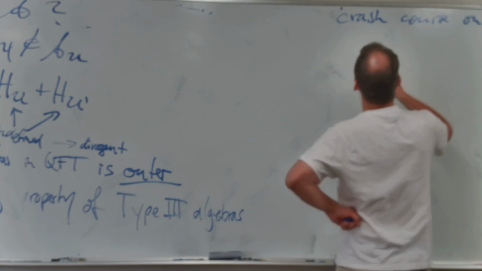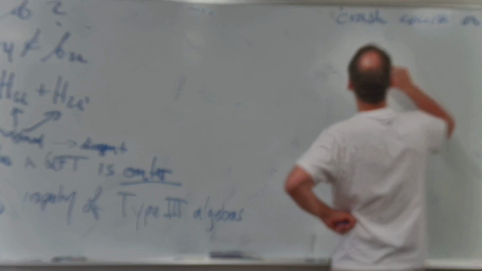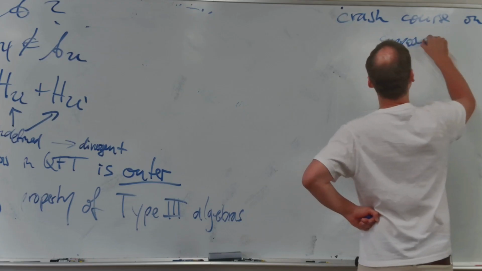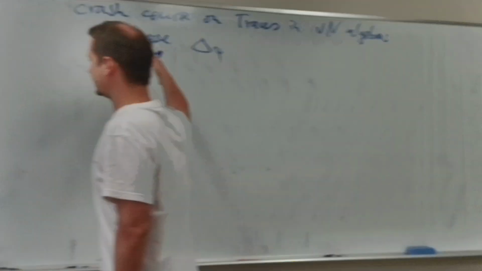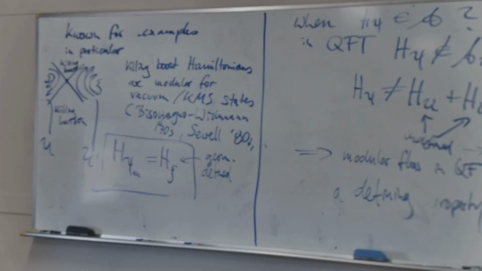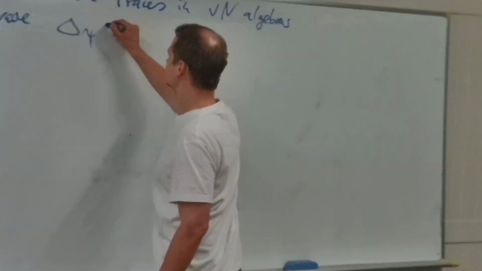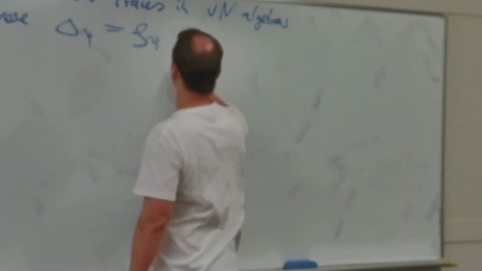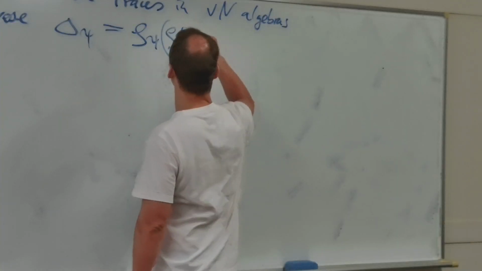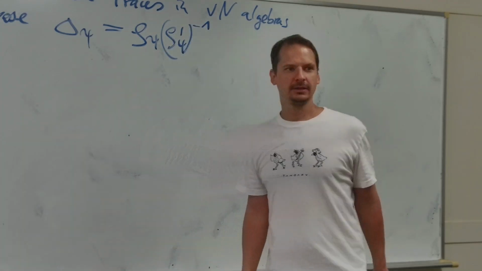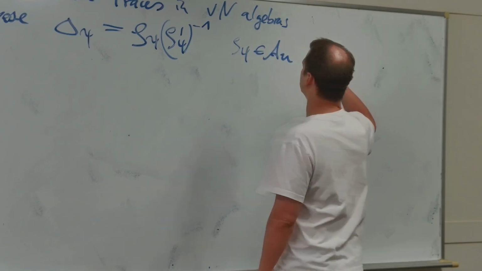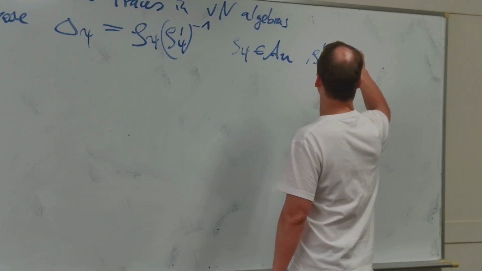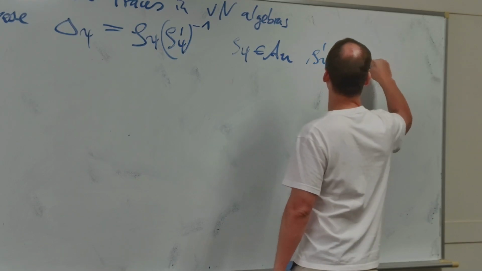Suppose you can write this modular operator, basically the exponential of this guy here, as something of the following kind, where rho psi is now in A and rho psi prime is in A prime.